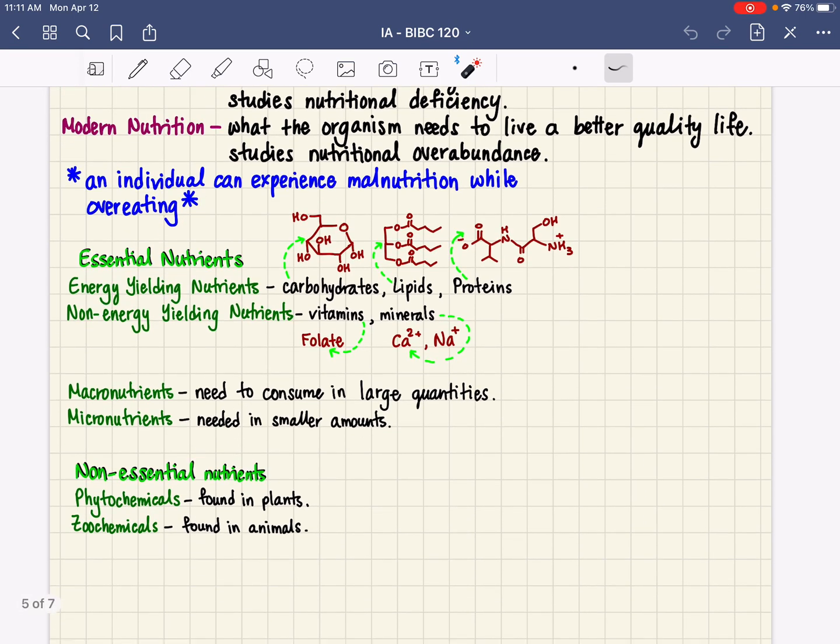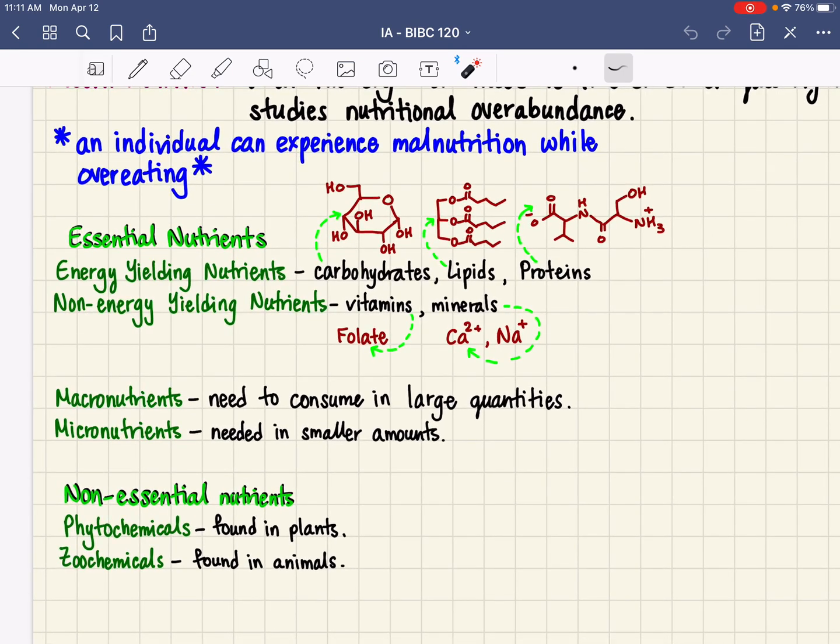Okay, then we started to talk about some of the essential nutrients. Essential nutrients, as the name suggests, are essential. They're needed to survive. There are two types of essential nutrients: energy-yielding nutrients and non-energy-yielding nutrients. Energy-yielding nutrients are nutrients such as carbohydrates, which are sugars. Here is, I think, glucose. I think this is what the structure of glucose is.